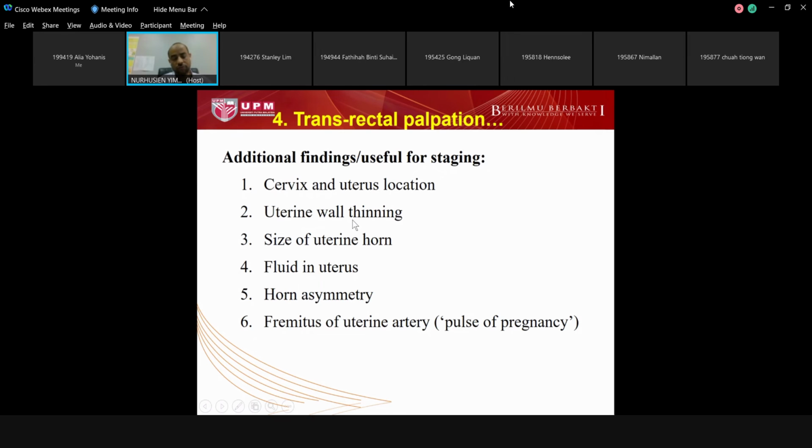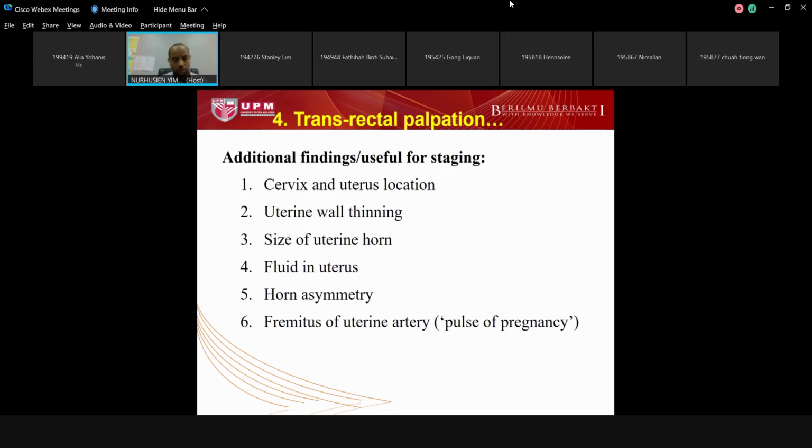And the thinning of the wall of the uterus as the stage of pregnancy advances is another important additional piece of information that can help you to estimate the stage. The size of the uterine horn can also help you to get a better idea as to the stage of pregnancy.